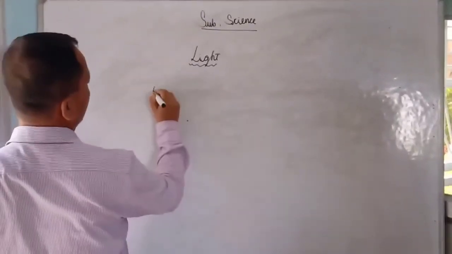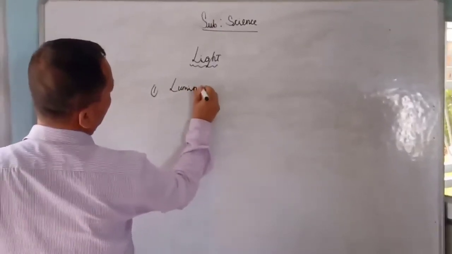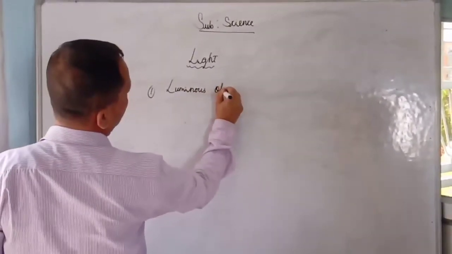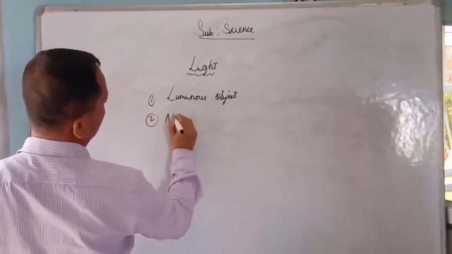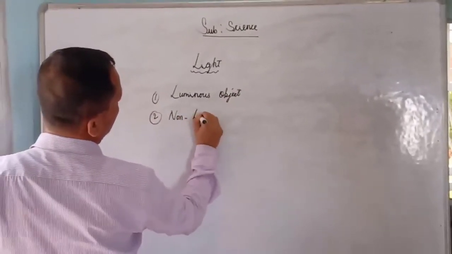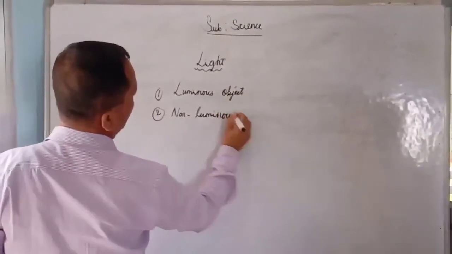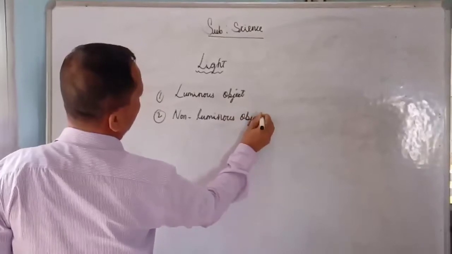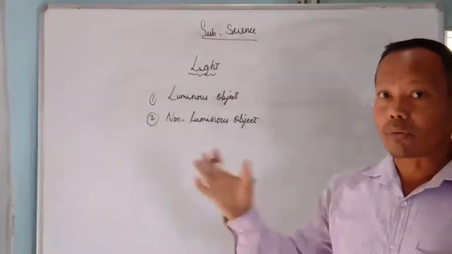One we call luminous object, another we call non-luminous object. Now we'll see two types of objects we find around us.